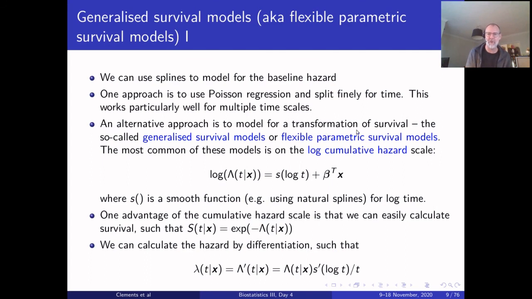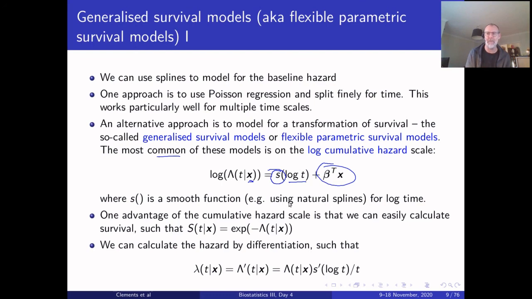If we do a transformation for survival, these are the so-called generalized survival models or flexible parametric survival models. The most common of these models is on the log cumulative hazard scale. So we say that the log of the cumulative hazard at time t given covariates x is some smooth function of log time plus a bunch of standard time-fixed linear predictors, where S is a smooth function.